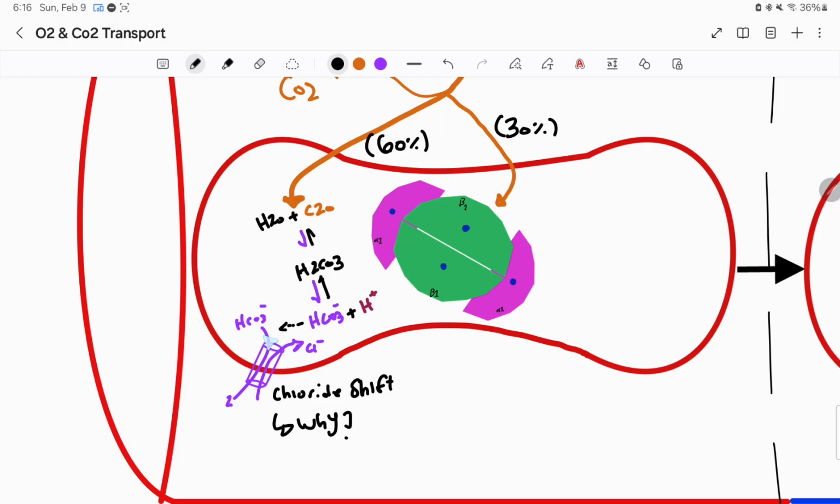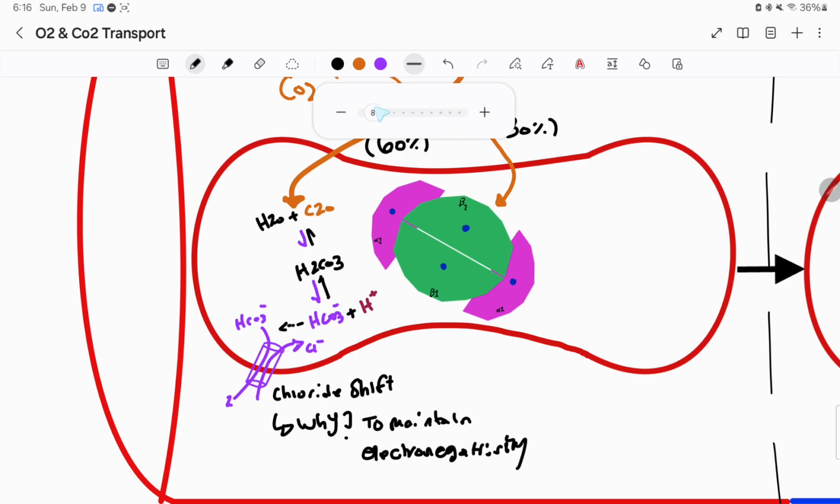If I pump this negative ion out, the inside of the cell becomes more positive, okay? So what do I need to do? In order to maintain the electronegativity of the cell, I need to bring in another negative ion, and that would be chloride, okay? So I bring in the chloride to maintain the electronegativity of the cell.